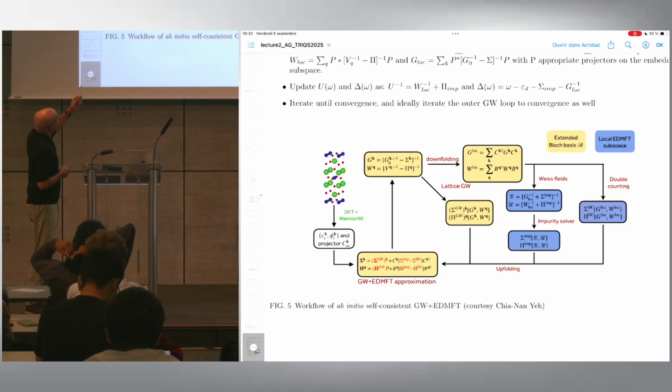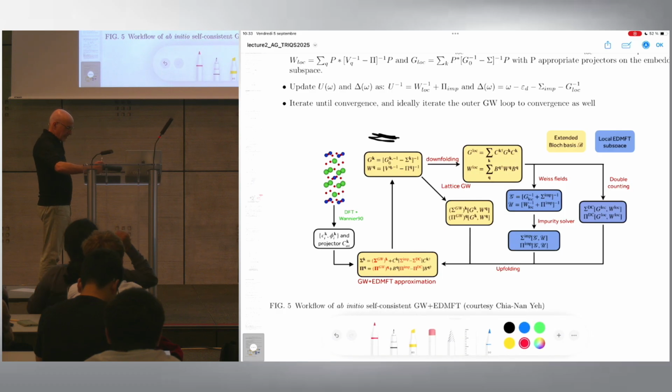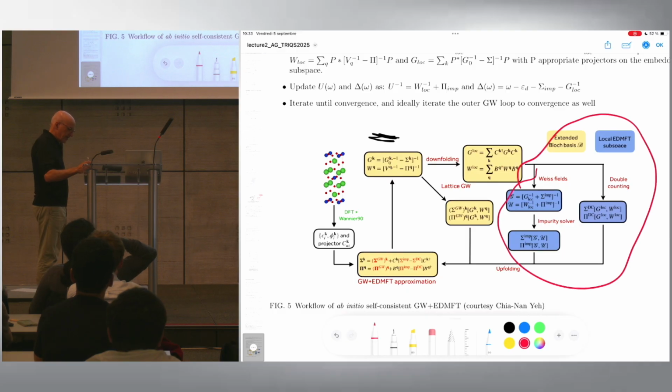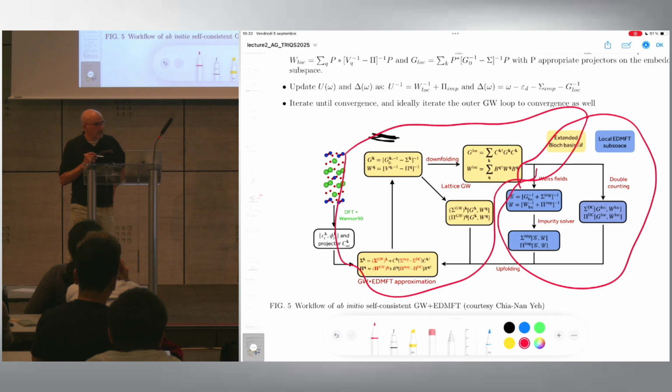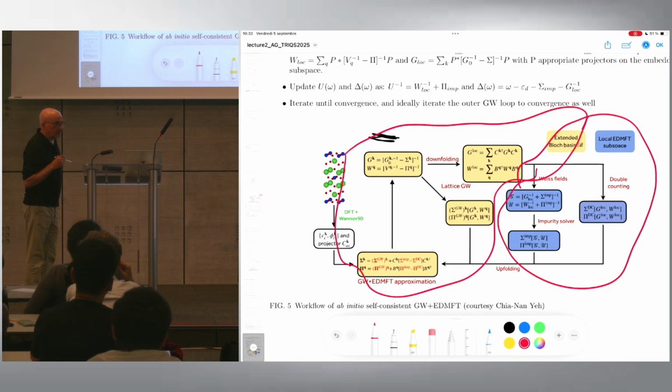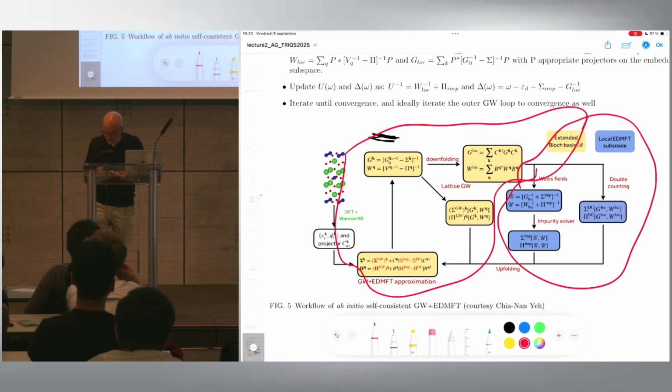So here you have the Dyson equations, the projection procedure, the internal loop, the internal EDMFT self-consistency loop, which is in blue here. This can all be done in TRIQS. While all the things that are in yellow here are currently implemented in the Coqui code, and these two codes talk to one another. Chanan will describe this in more detail, I think, in his lecture.